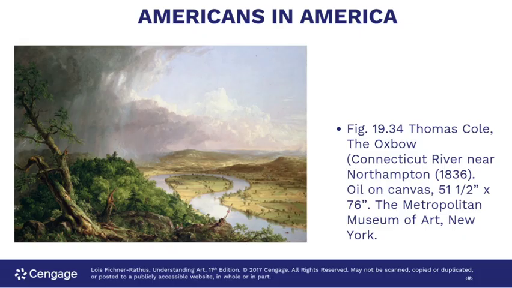Cole became the leader of what's called the Hudson River School, and that was a group of artists whose favorite subjects included the Hudson River and the Hudson River Valley. So this was in the Catskill Mountains of New York State. And this painting is called the Oxbow, and it refers to this natural oxbow formation in the Connecticut River Valley.